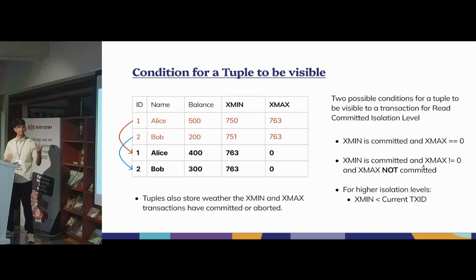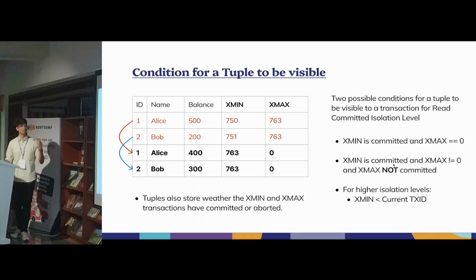In case xmax is not 0, the only way the tuple can then be seen is when xmax has not been committed. Let's say a transaction has come along and deleted a tuple, but has aborted. That way, your tuple can tell you whether xmax is committed or not. And if it's not committed, you can basically ignore the xmax value or even consider it as 0.